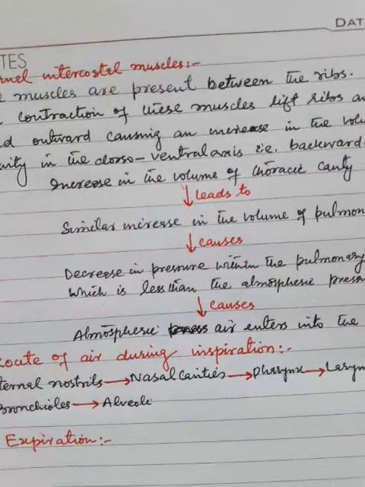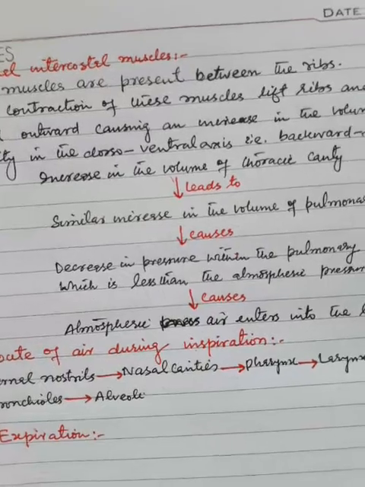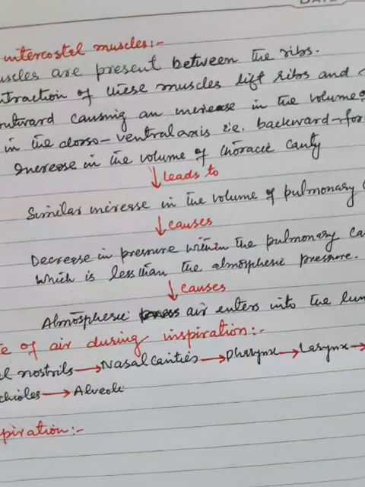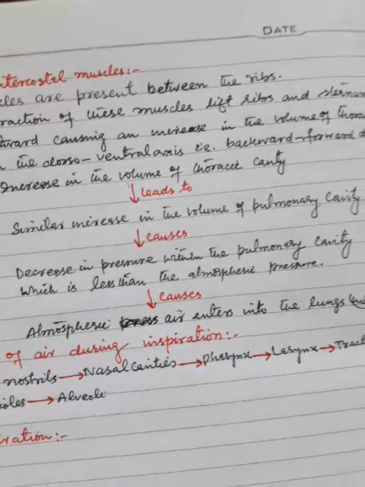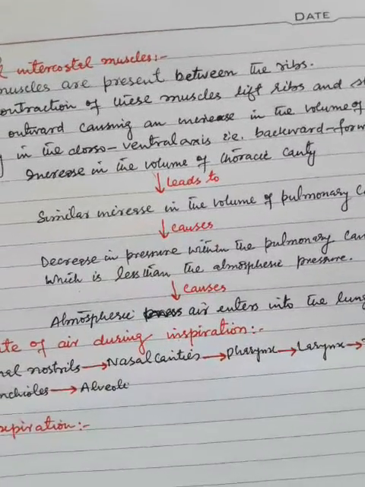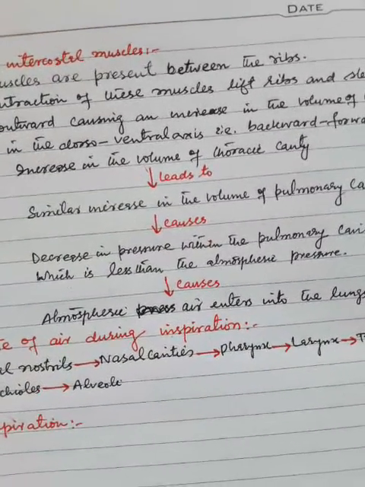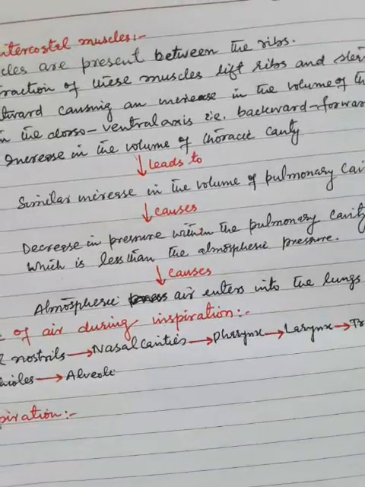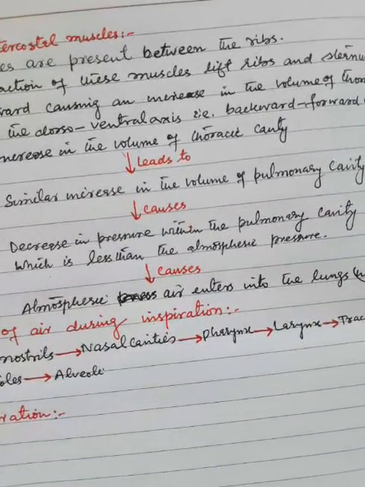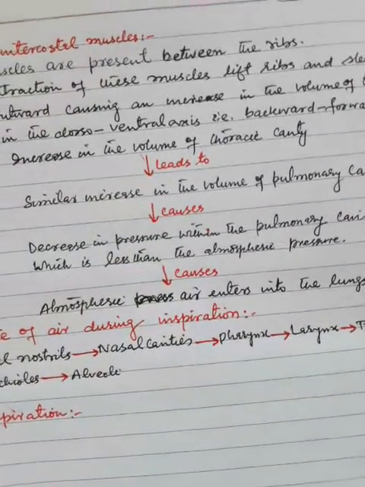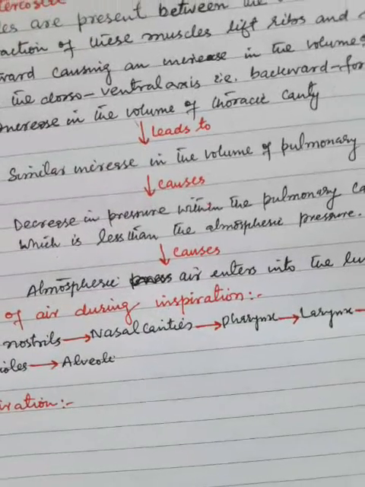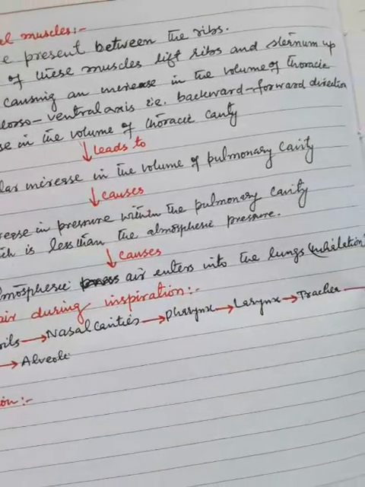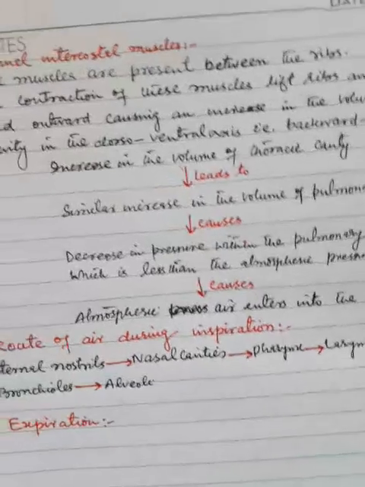Increase in the volume of the thoracic cavity leads to a similar increase in the volume of the pulmonary cavity. It causes a decrease in pressure within the pulmonary cavity, which is less than the atmospheric pressure. Atmospheric air enters into the lungs, that is, inhalation.